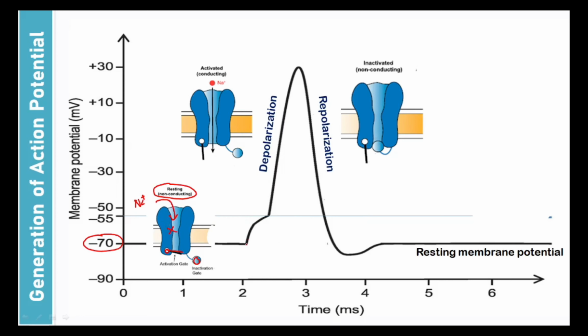Due to the stimulus, when the membrane potential reaches the threshold point, that is minus 55 millivolt, this will trigger the opening of the voltage gated sodium channel. This stage is known as the activated or conducting stage.